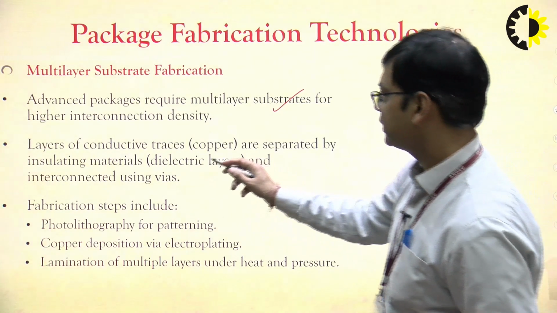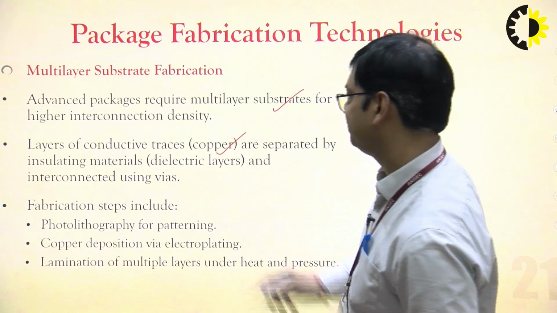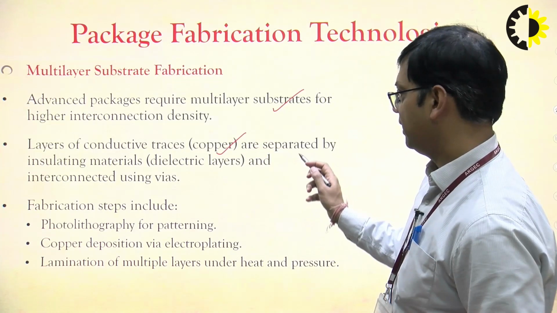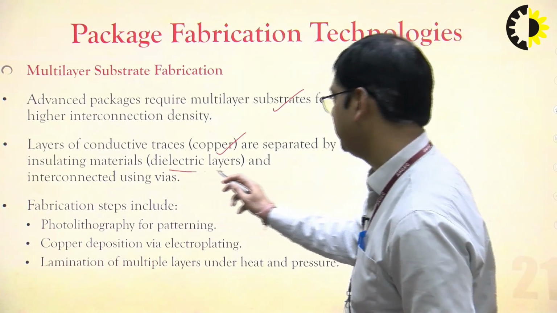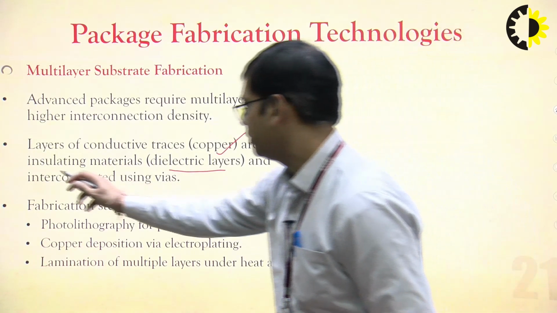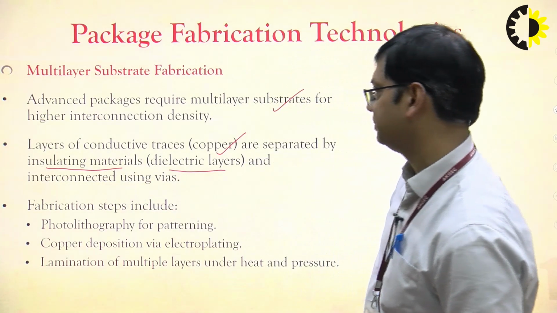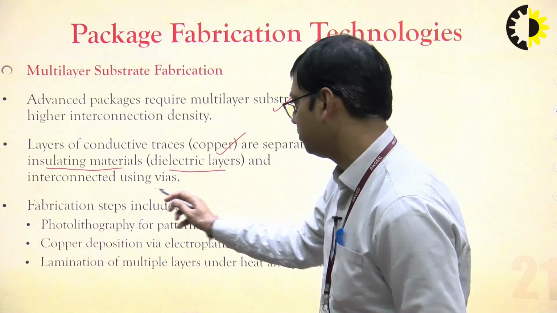So the layer of these conducting traces may be copper, and these layers, as I just told you, are separated by dielectric materials, also known as insulating materials, and they are interconnected using vias.